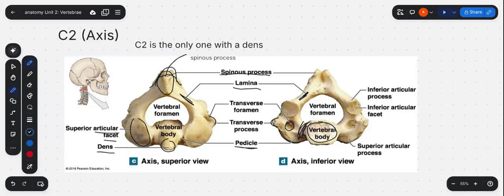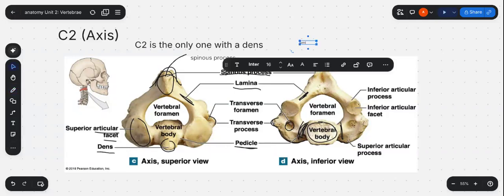I kind of think of it as like the neck leading to the head. So the vertebral body in my mind is the head, and then the pedicle is the neck. So that is the difference between your lamina and your pedicle.